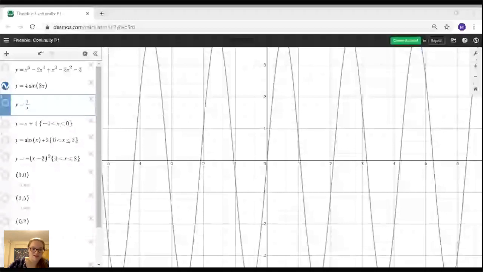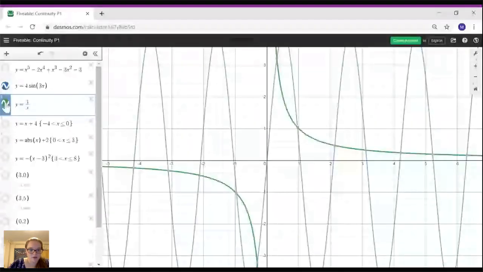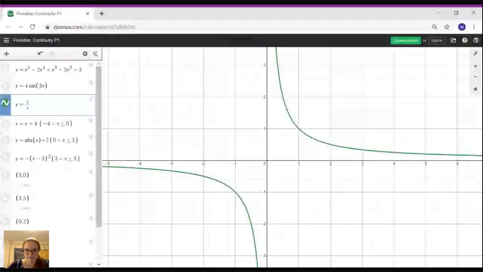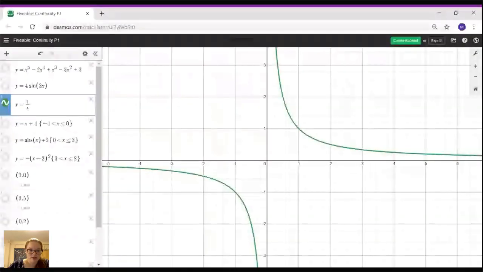Okay, this next one's fine. So let's look at this one. What do we have here? This is the parent function for what type of function? Inverse is one word for it. There's actually another word I'm looking for besides inverse.